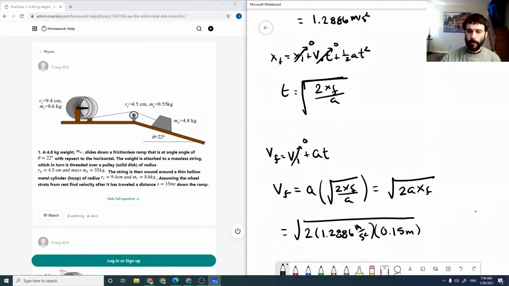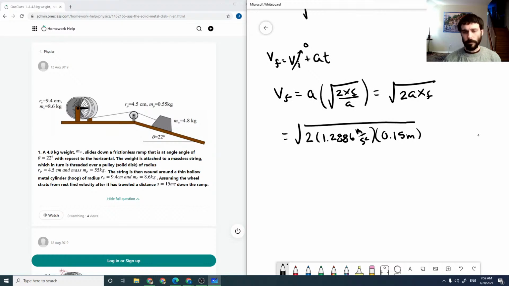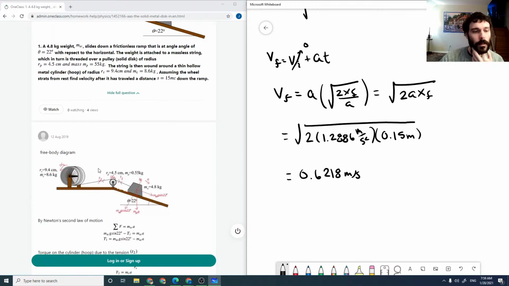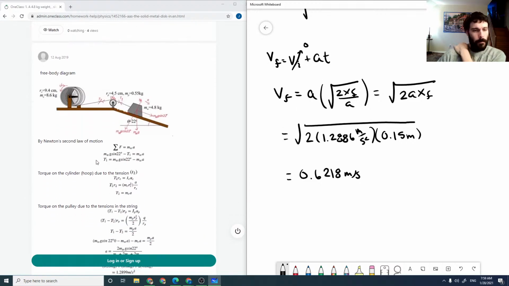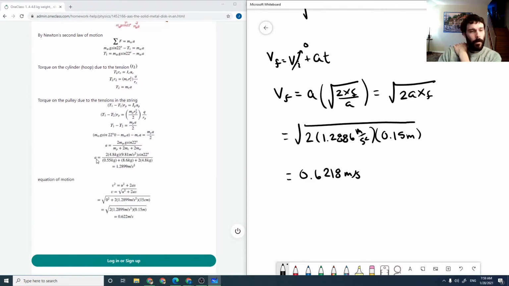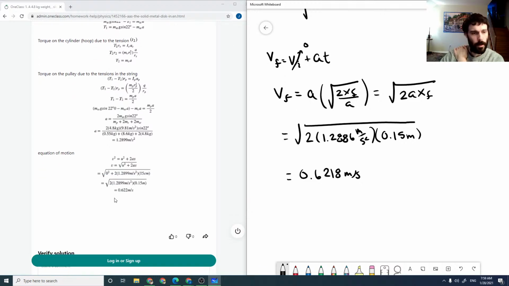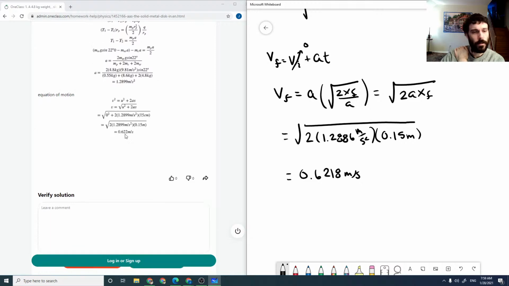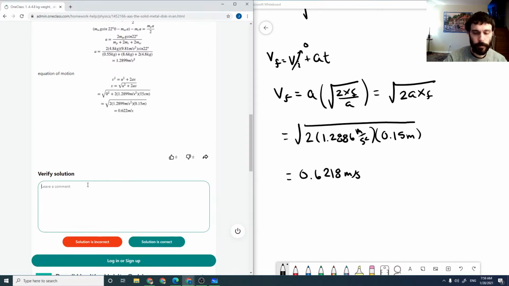And this comes out to be 0.6218 meters per second. Okay. So then going through all this, we get down to the solution, which is 0.62. So that looks good.